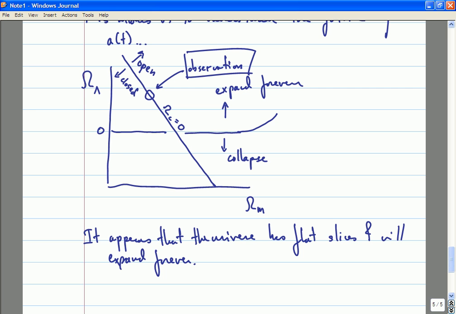Because matter redshifts away more quickly than curvature. That's one way of stating the why now problem. So it looks like the universe is most likely flat. And indeed, some people will appeal to models of the very early universe, such as inflation, to give an explanation for why the spatial slices are flat. I'll get to inflation in a minute.